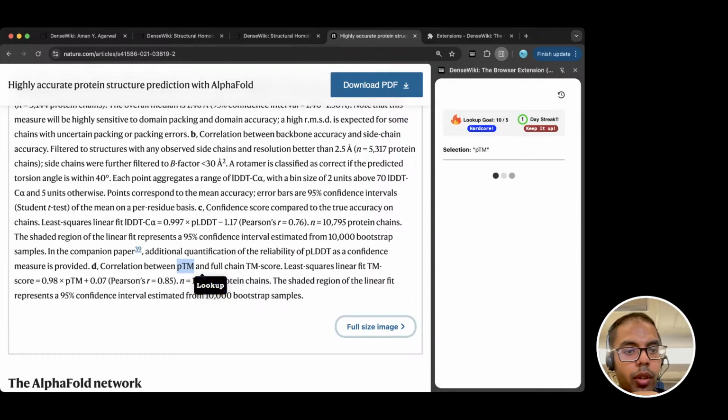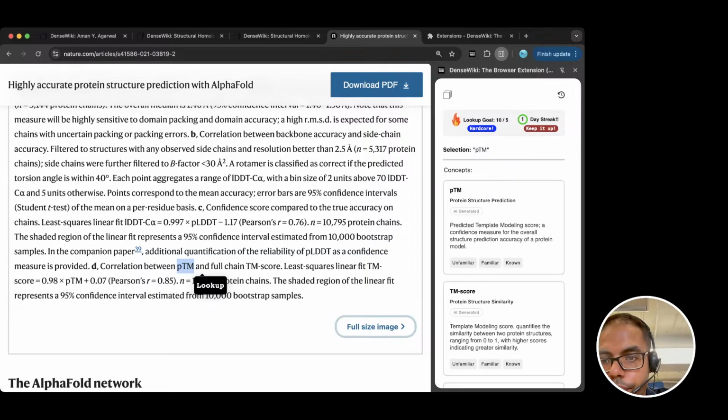pTM. Let's look at what that is. Predicted template modeling score, confidence measure for the overall structure prediction accuracy. Oh, okay. So the predicted TM and the full chain TM score.